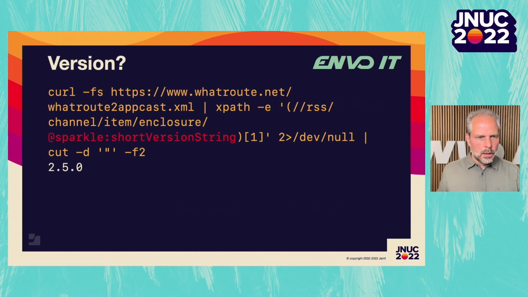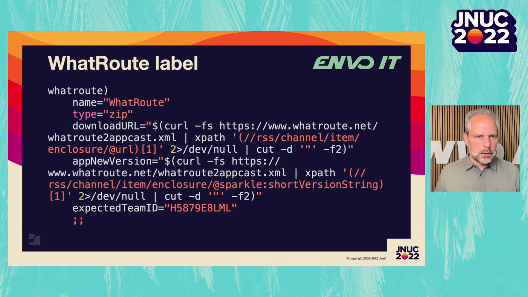So what this does, then we actually just need to do the same thing for the short version string, and we will get the 250 out there. So I can combine all of this to the WhatRoute label, and it will look like this. And just take a note here that in Installomator, we will know what version of the operating system we are running on.